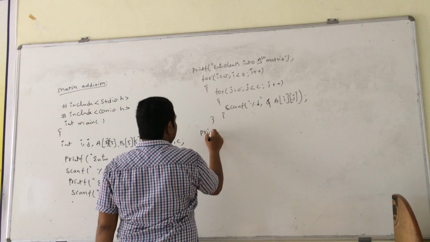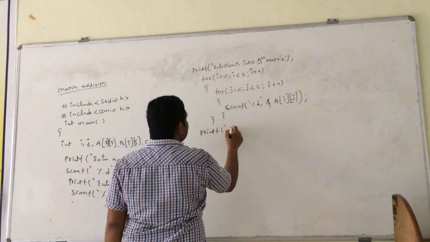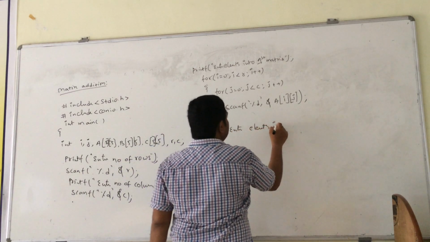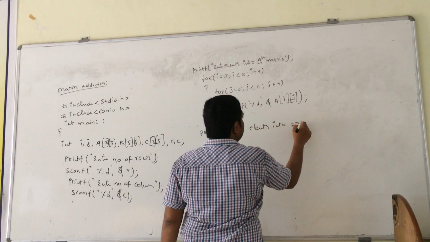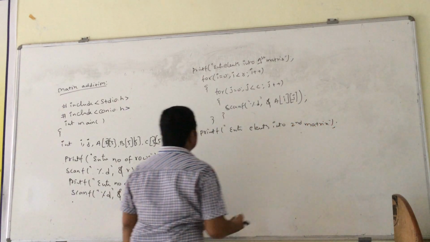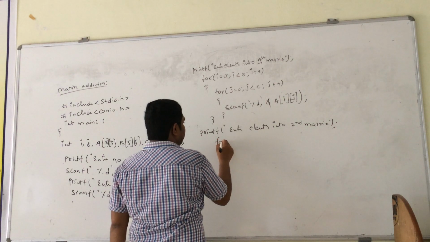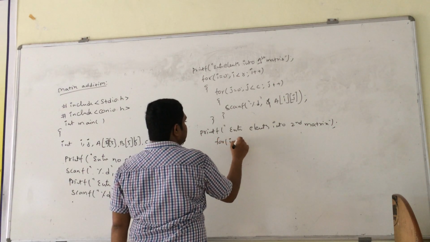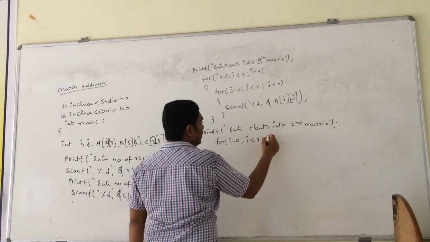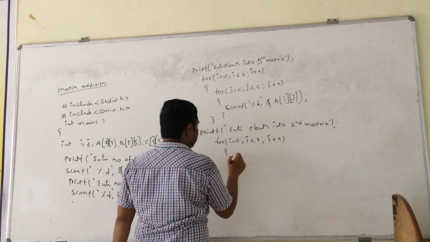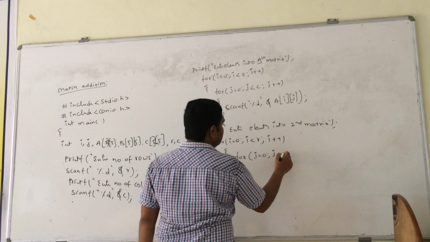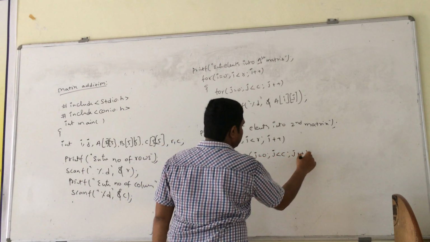In a similar way, I am entering the values into second matrix. Printf enter elements into second matrix. For this also I am using two for loops. For i equals to 0, i less than row size, that means number of rows are r, and i plus plus. Similarly, for j equals to 0, j less than c, j plus plus.